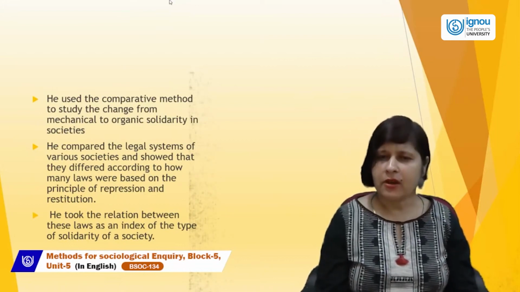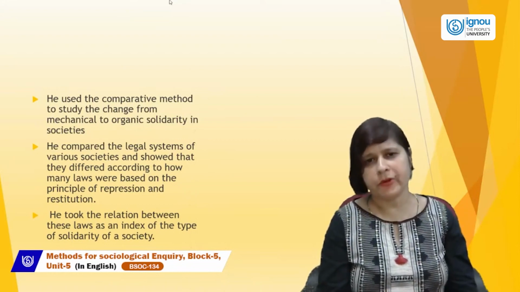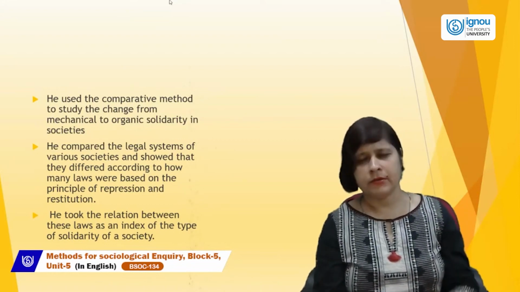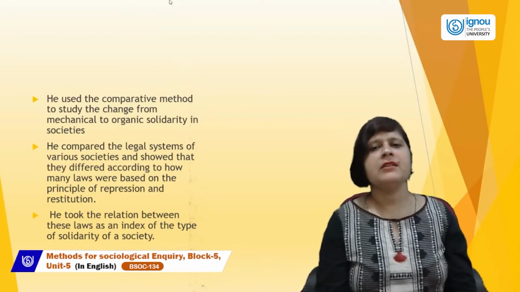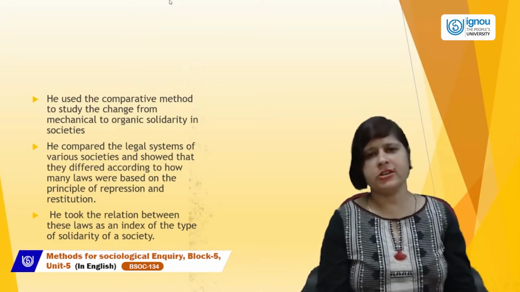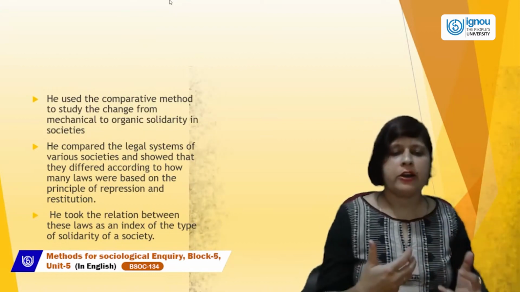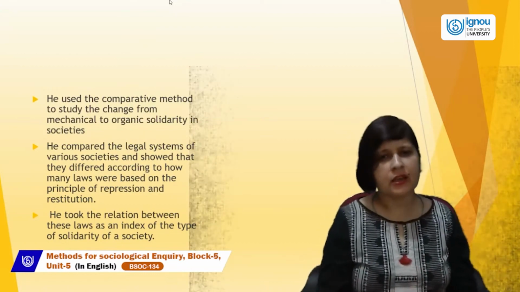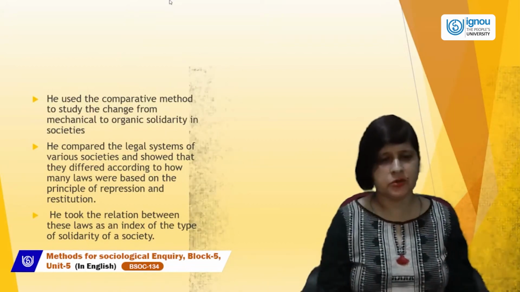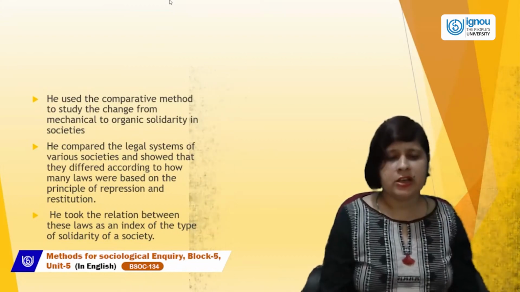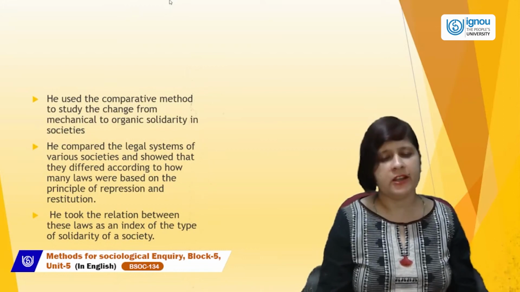In mechanical societies, there was a law of repression, but in societies with organic solidarity, there is a law of restitution. So he studied how these laws evolved from repression to restitution. He compared societies of repressive law and societies of restitutive law. He took the relations between these laws as an index of the type of solidarity of society.